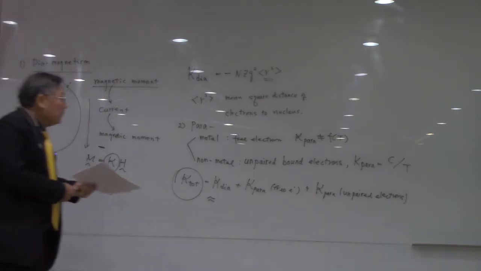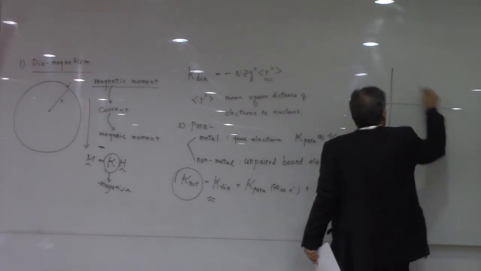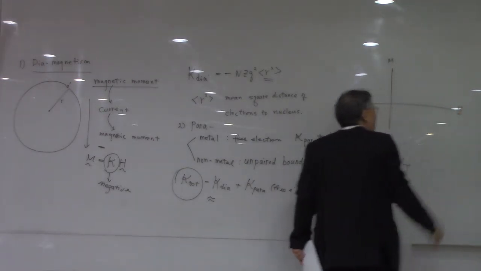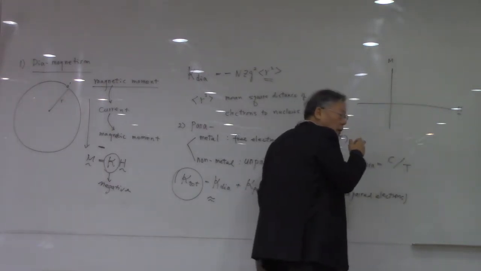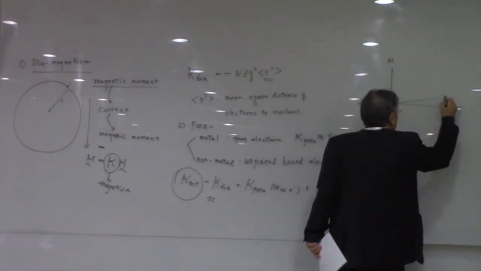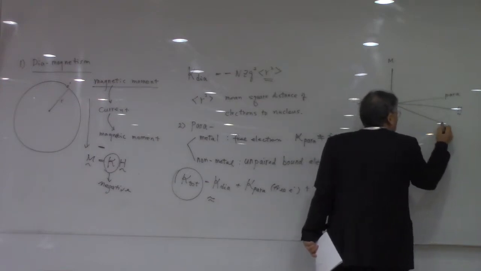Okay? So if you draw the magnetic moment versus the magnetic field, the slope is going to be the susceptibility of the material. This slope is going to be para, that is positive, and the negative is the dia.